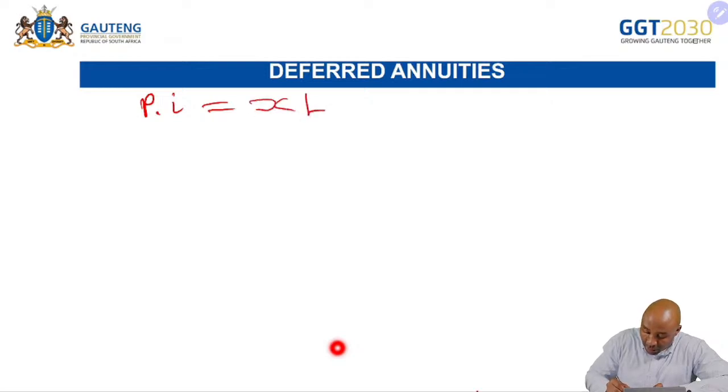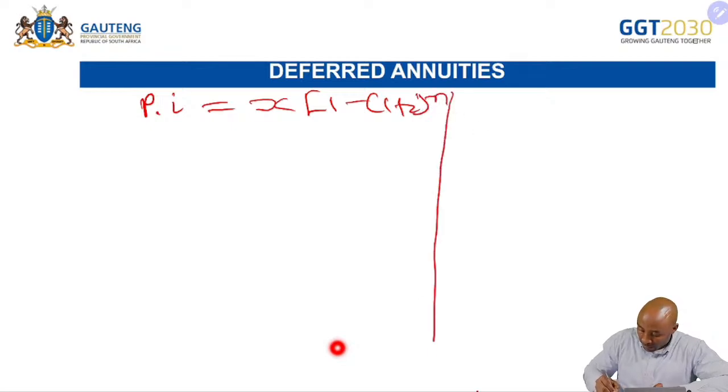So that is what I'm going to do now. From the previous one, when we made X the subject, if we multiply by the LCD, which is I, we will get P times I equal to X, 1 minus 1 plus I to the power negative N. We are able to get that.